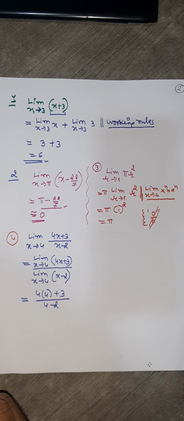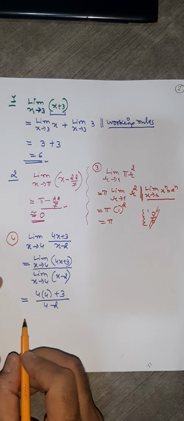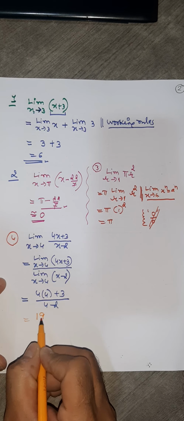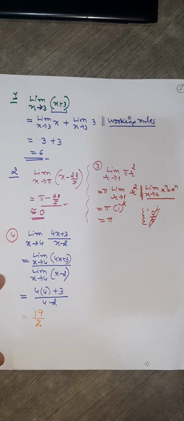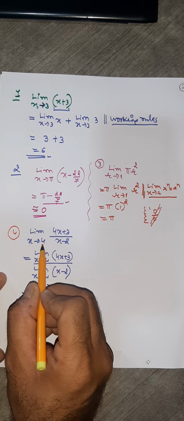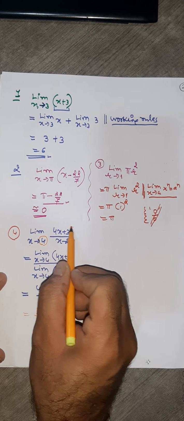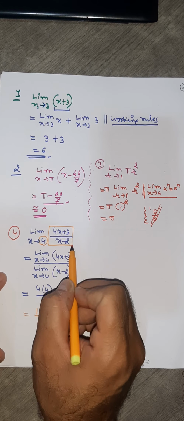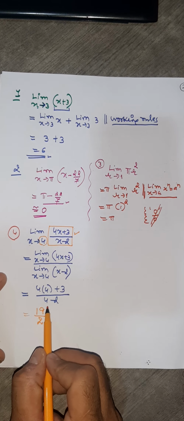Fine. So just simplify. So what will we get here? 16 plus 3, which is 19. And there you will get 2. So this is just 19 by 2. Right? Again, I'm just reminding you, what is the meaning of this? Whenever x is very close to 4, then this function is very close to 19 by 2.